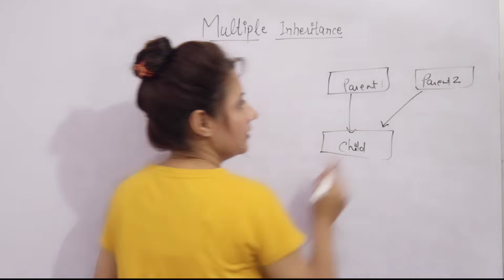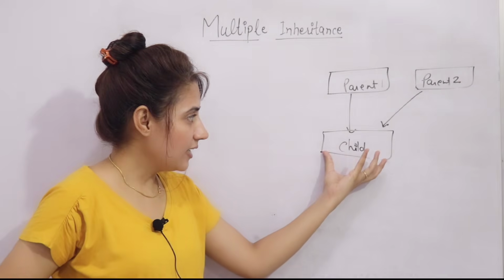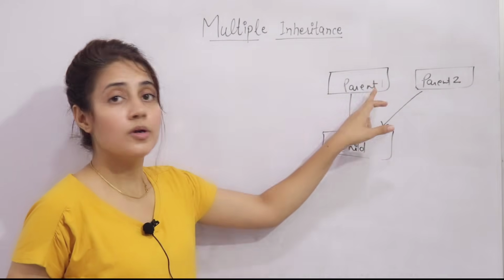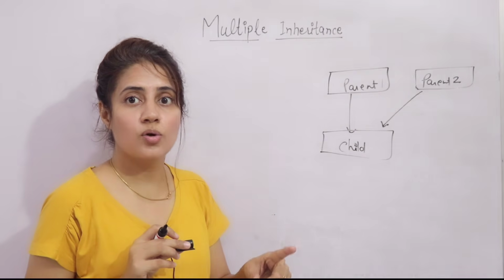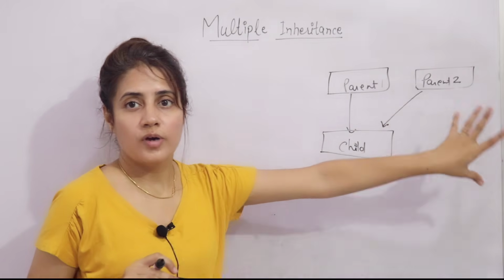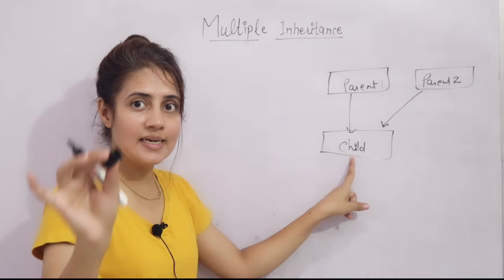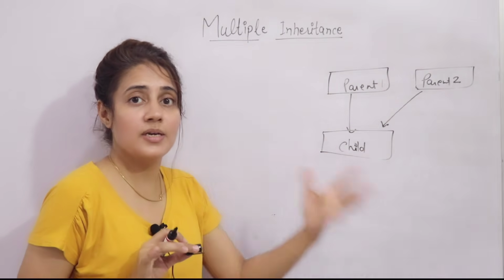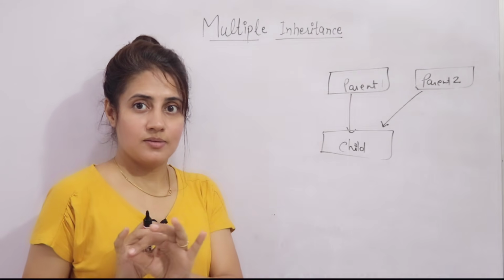From both the parents, one child class, or derived class, inherits properties from more than one parent class. That type of inheritance is known as multiple inheritance. Parent classes may be 2, 3, 4, 5, means more than one. If one parent class, one child class, that is single inheritance. If one child class but more than one parent class or base classes, that is known as multiple inheritance.